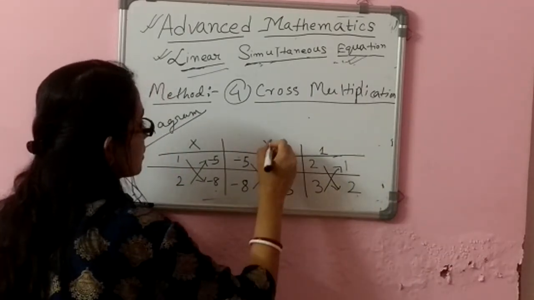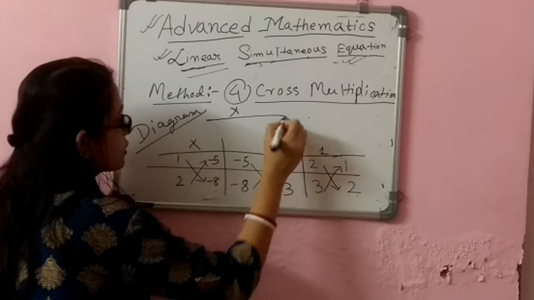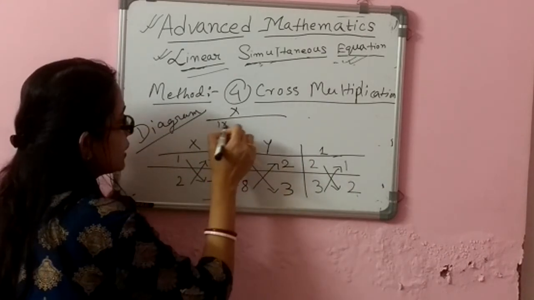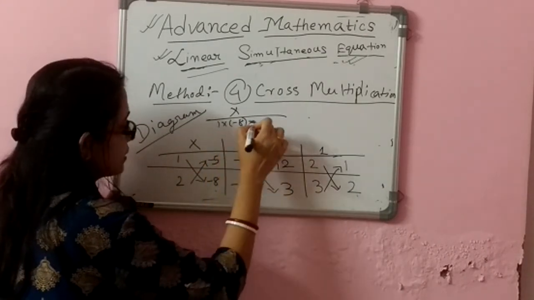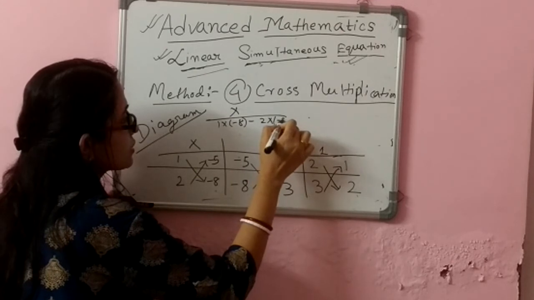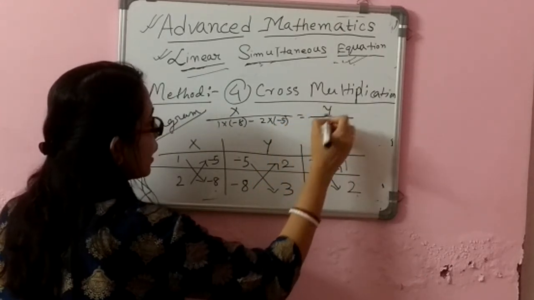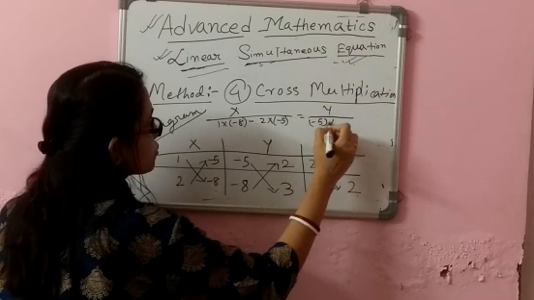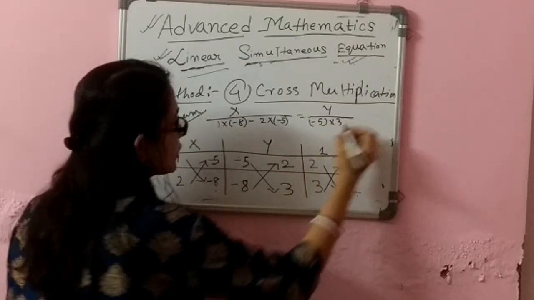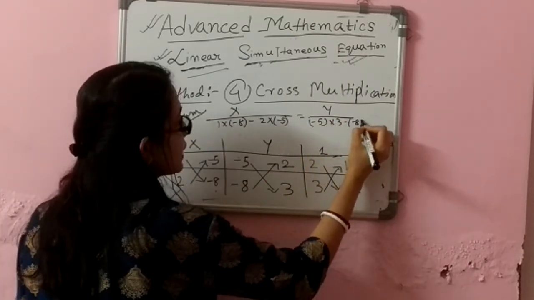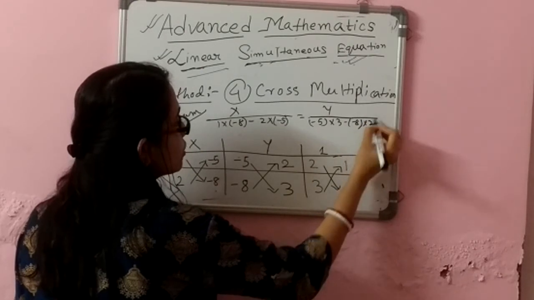Right. So x will be 1 into minus 8 minus 2 into minus 5. Fine. y is minus 5 into 3 minus 8 into 2.